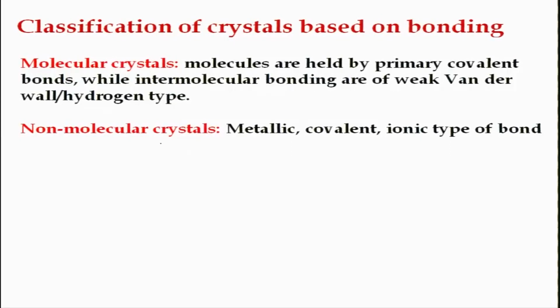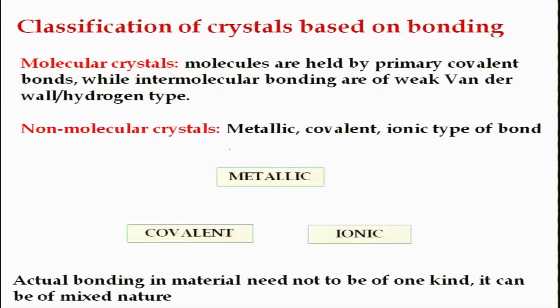In non-molecular crystals, atoms are held together by metallic, covalent or ionic bonds predominantly. These are the three classes that you can have: metallic, covalent and ionic. Actual bonding may not be completely metallic, covalent or ionic; it may be a mix of them, but it is normally dominated by one type of bonding, and there are no secondary bonds present there.